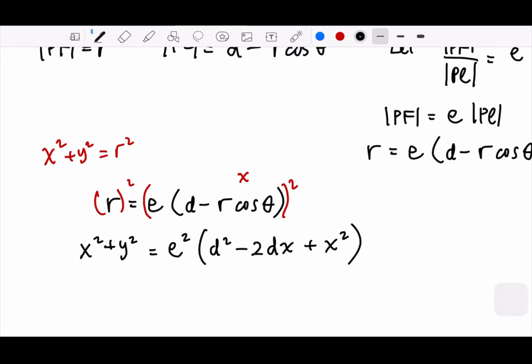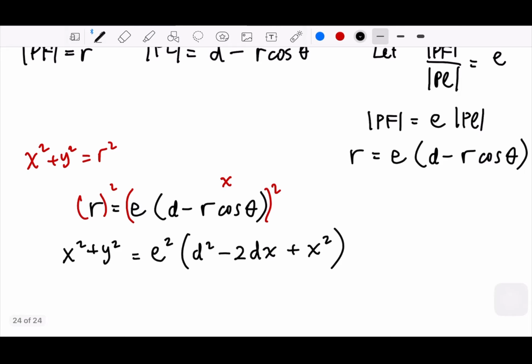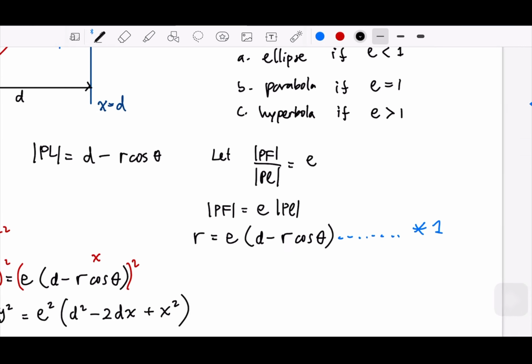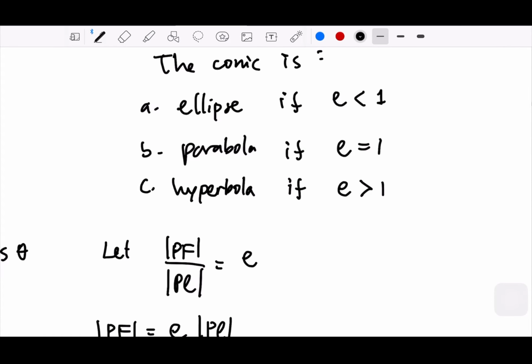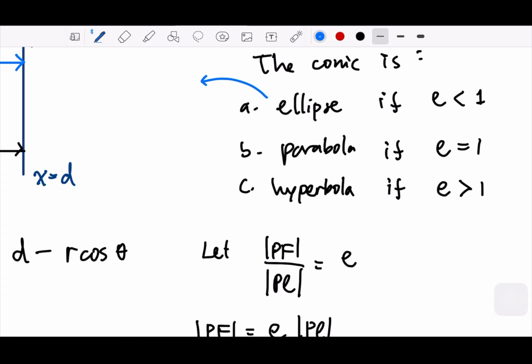Now what we are going to do here, so every time we try to take some proof or manipulate some form, we need to have some goals, right? So our goal is actually we need to prove whether these three conclusions are true. Which means if you look at the ellipse, we need to make a form that is in ellipse form.